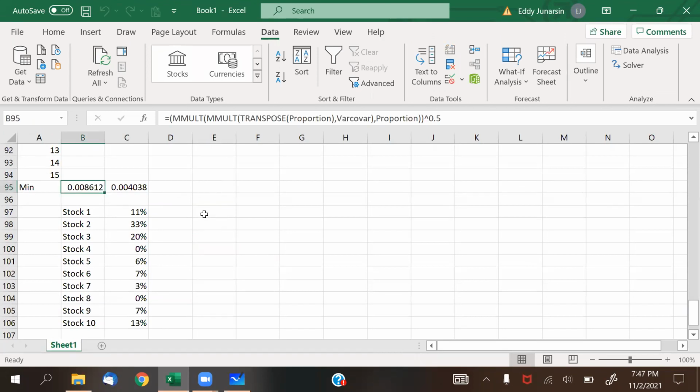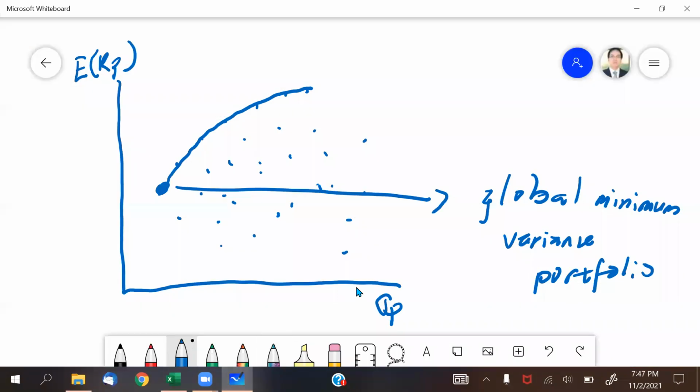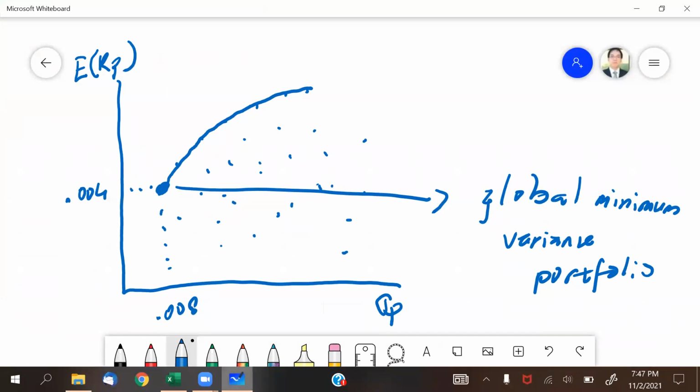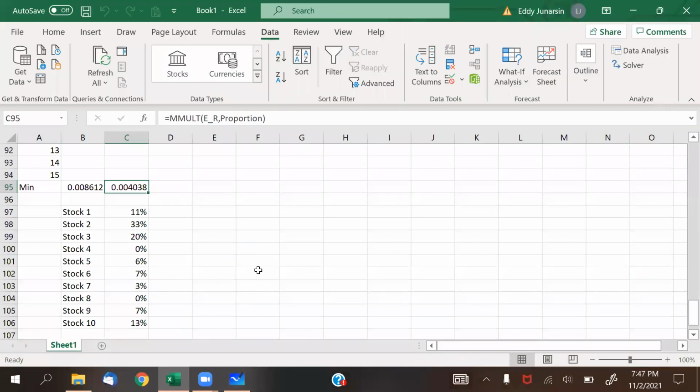The risk is 0.8%, so this is 0.008, with an expected return of 0.004. Let's see again. Yeah, 0.004, something like this. Okay, and you know the proportions that you should allocate.